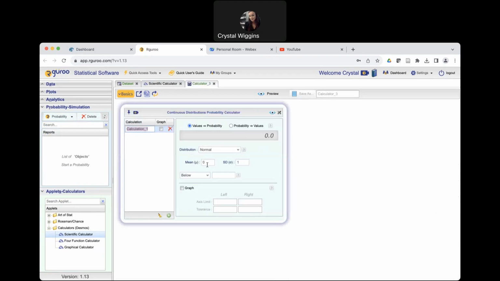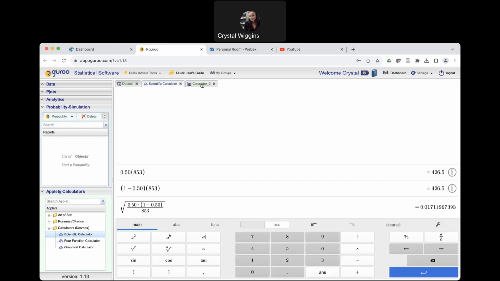You would just set your mean to your population proportion, which was 0.5. And I'm going to paste in my standard error of proportions. Again, I like to scroll to the front to make sure that I copied and pasted properly. Just double check that number looks the same.